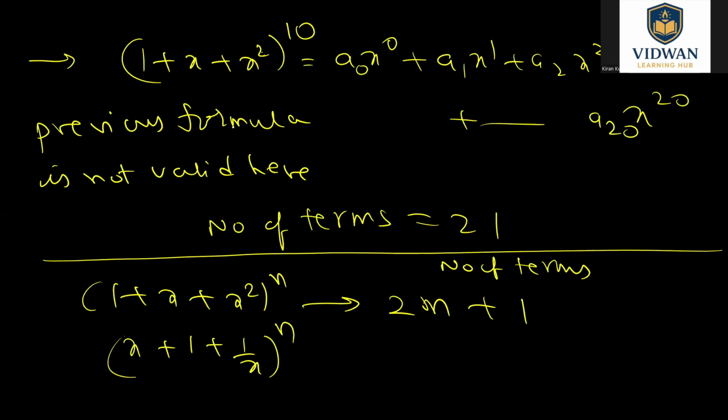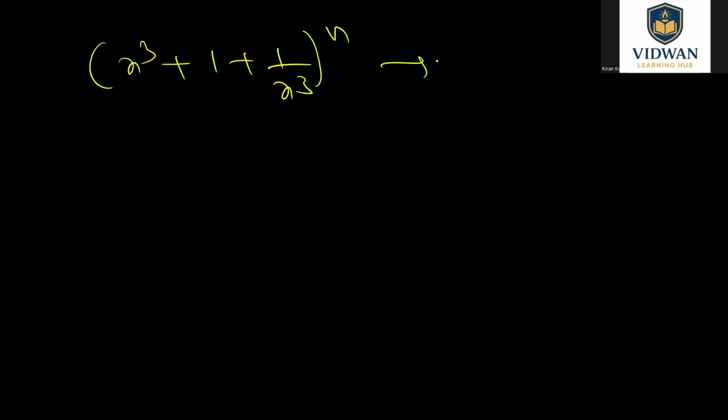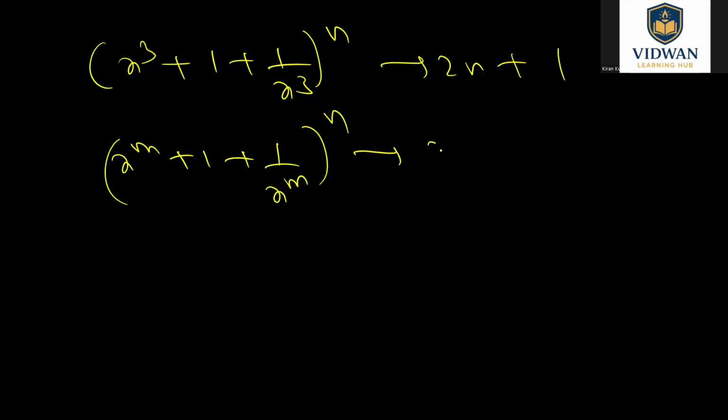It will be something like this divided by x power n. The number of terms will not be affected. And if the power of x changes in the expansion, like it is x cube plus 1 by x cube power n, even then number of terms will not be affected. It is still 2n plus 1. So if it is x power m plus 1 by x power m whole power n, where m is some power, number of terms will be still 2n plus 1 only.